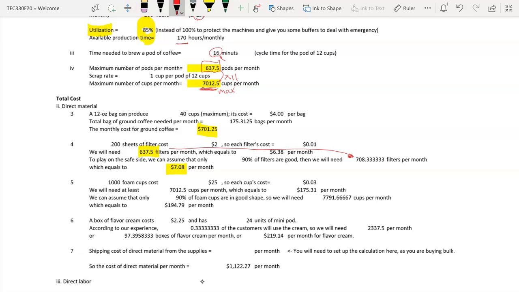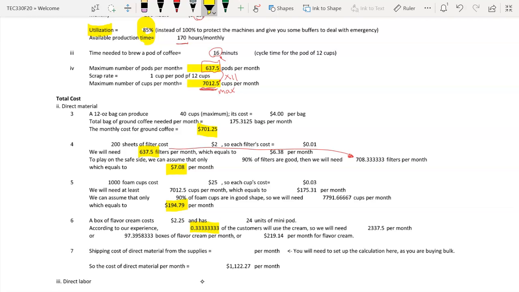We will get this cost for the foam cups and the caps as well. All right, and then we have flavored cream, and we are assuming 1/3 of the customers will use cream and sugar. We did not provide sugar over here because we do flavored cream, so it's very sweet, to put it that way.